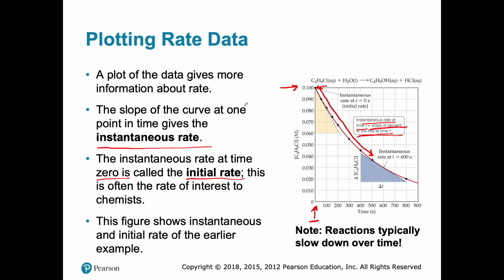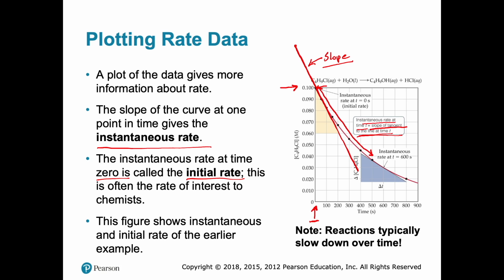So I have a ruler here, and I can put the ruler on top of my screen, and then I can draw a very straight line that will represent the tangent of that line at that point, right? And when I do that, what I need to find then is the slope of this line, because the slope of that line equals the instantaneous rate, right?